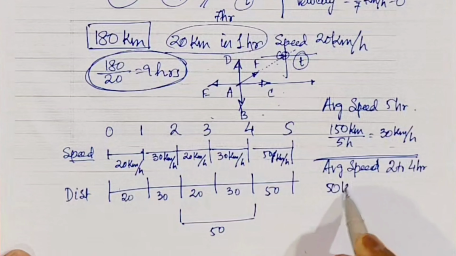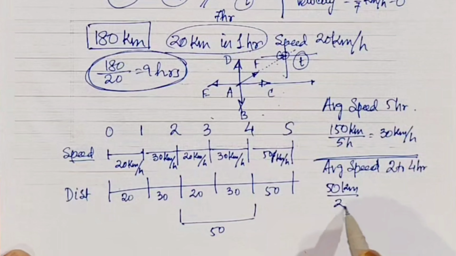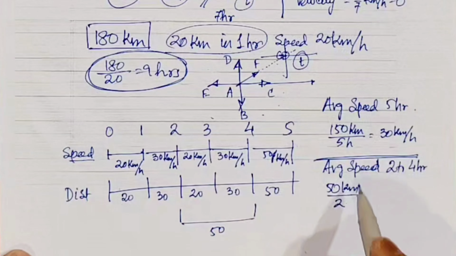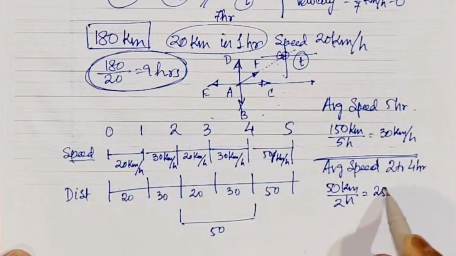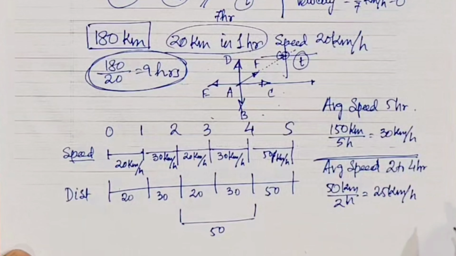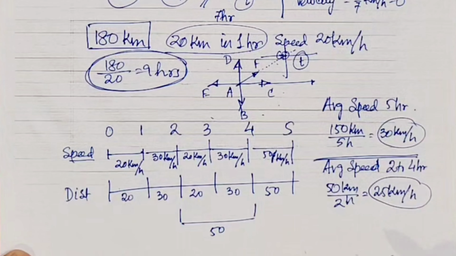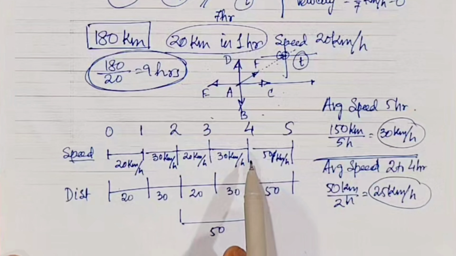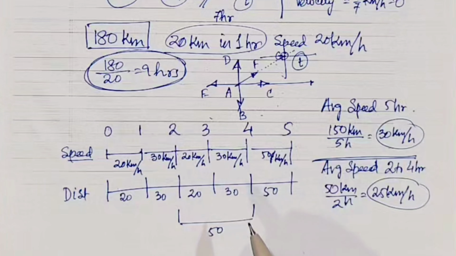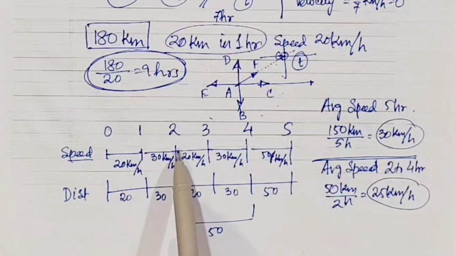So the average speed during that will be 50 kilometers divided by the time taken, 1 hour and 1 hour, so total 2 hours. That is 25 kilometers per hour. Now you can see the difference between the overall average speed and the average speed between a certain portion of the journey. So average speed always comes with a base point. So your average speed from where to where.